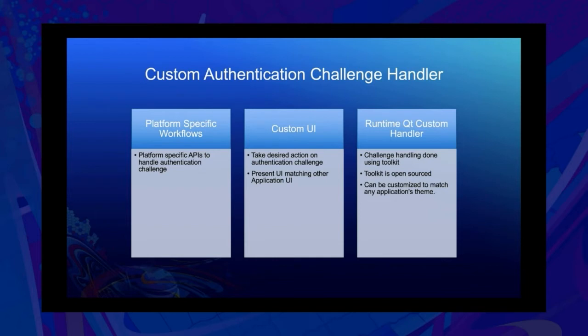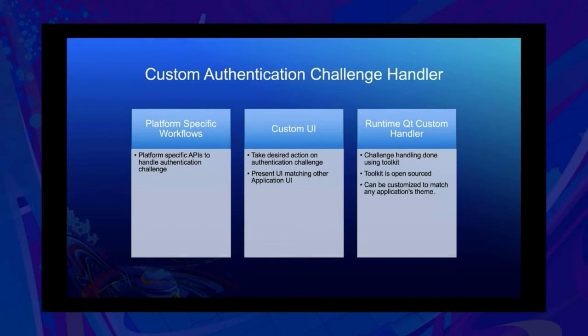In Qt SDK, what we've done is we've open sourced the entire challenge handling mechanism via a toolkit item. I will show you in a minute where you can find the repo that hosts the toolkit. All you would need is to clone the repo, include the toolkit in your project, import the toolkit, and then add the authentication view component, and you get a handler out of the box.